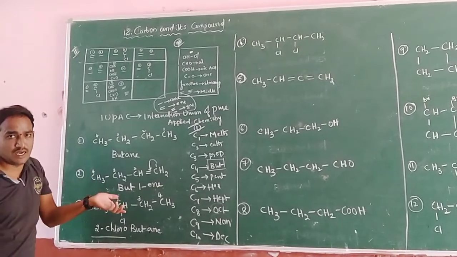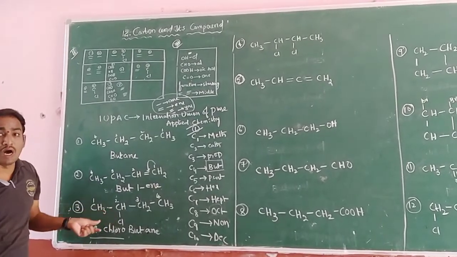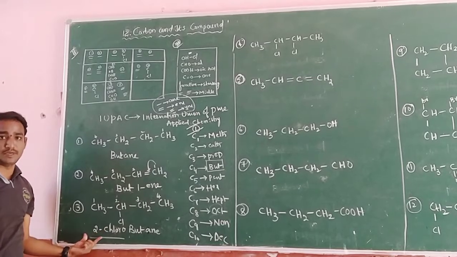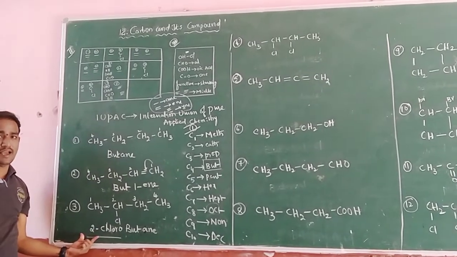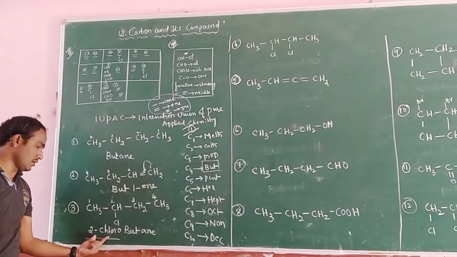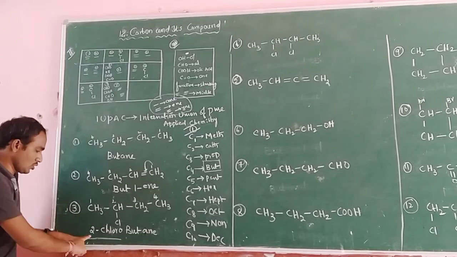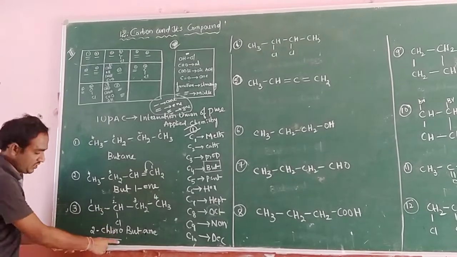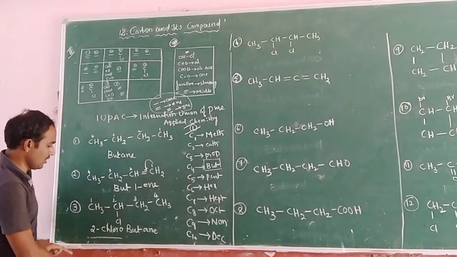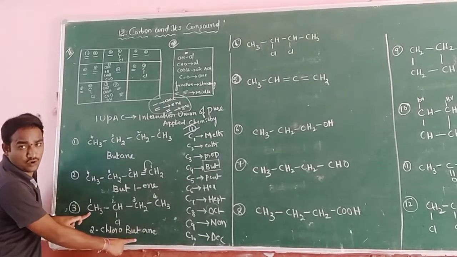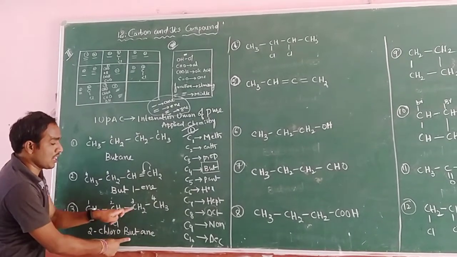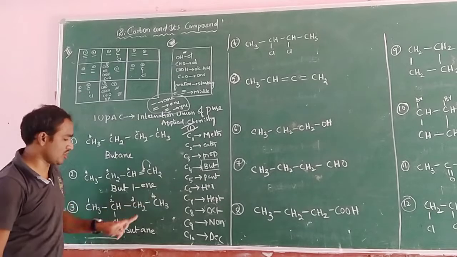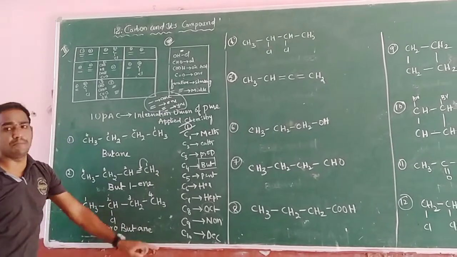You have to mention it before, at the starting of the IUPAC name. So 2-chloro we mention first. And how many number of carbons? 4. That is bute. Carbon which one do we have? Single bond. That is 2-chloro-butane.